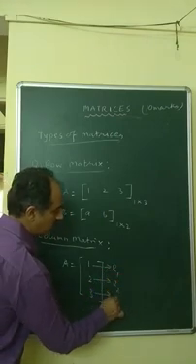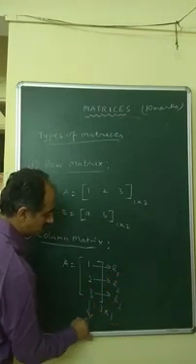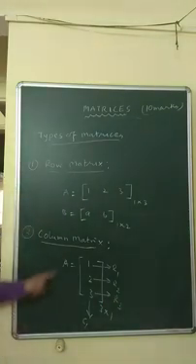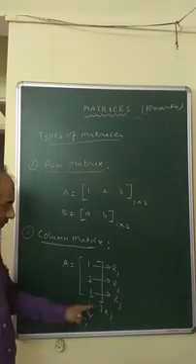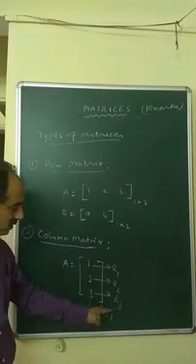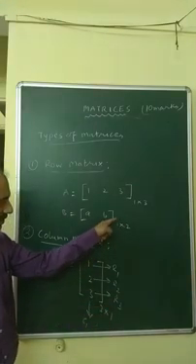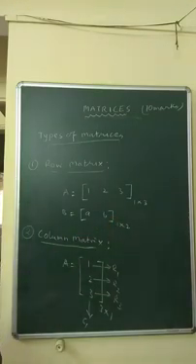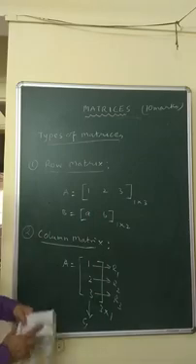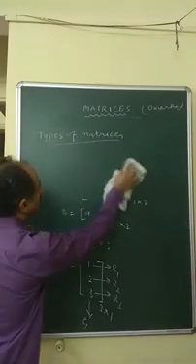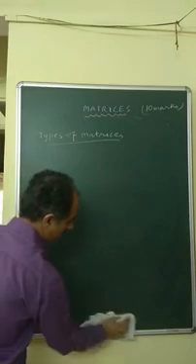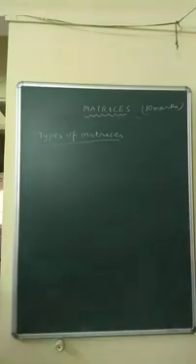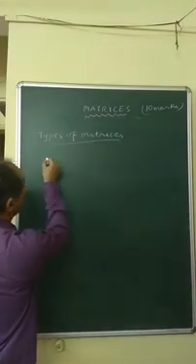And how many columns? 1 column, C1. So this is a column matrix. So in a column matrix there is only 1 column, in a row matrix there is only 1 row. Now another type, zero matrix.